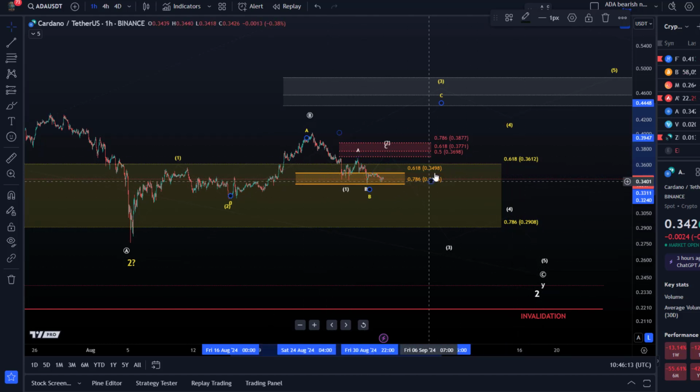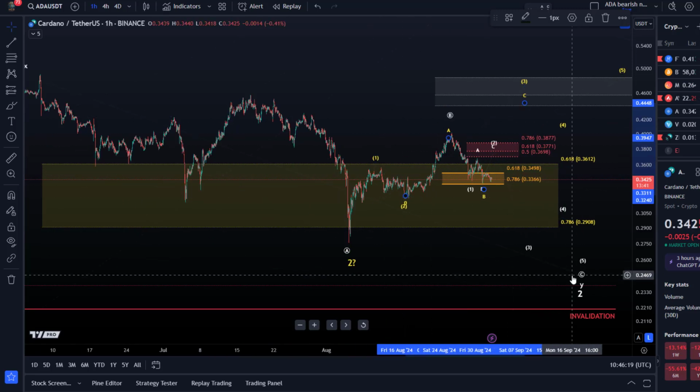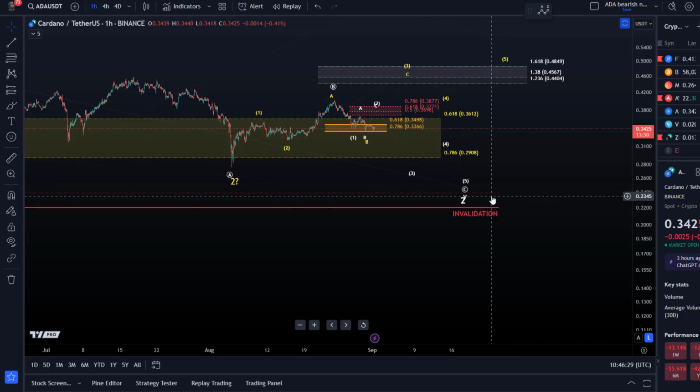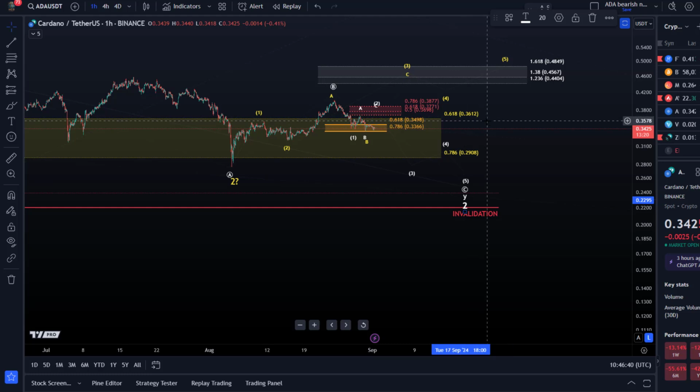In the white scenario, especially if we break below 33.6 cents on a sustained basis, we have confirmation that the larger correction that started in March is still unfolding, it's still intact, and could drive us down to around 24 cents or even 22 cents. This, however, would be too low to still be considered a highly likely bullish scenario. Even now, the correction is still set to continue.